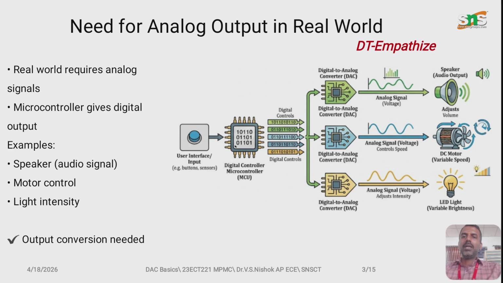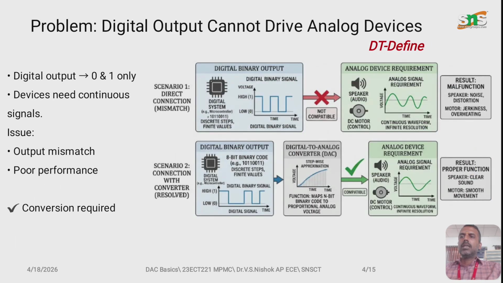But this cannot be utilized in real world examples like speakers, motor, light intensity, etc. In such applications the analog signal is needed. Here the output conversion is needed since the microcontroller provides only the binary value, which should be converted into the analog value.